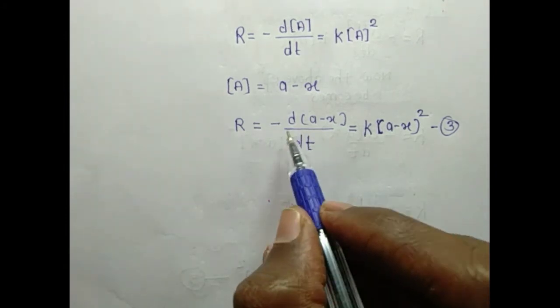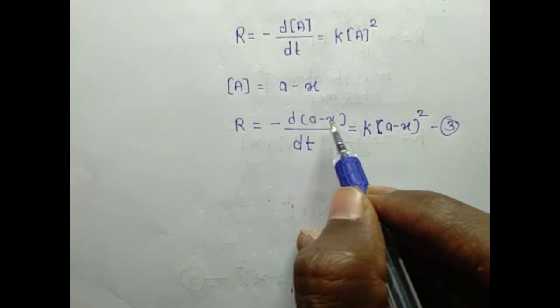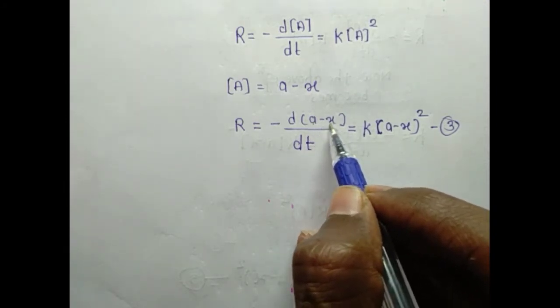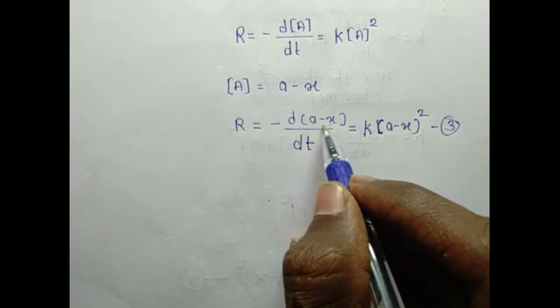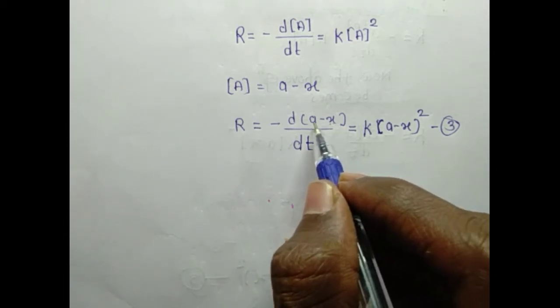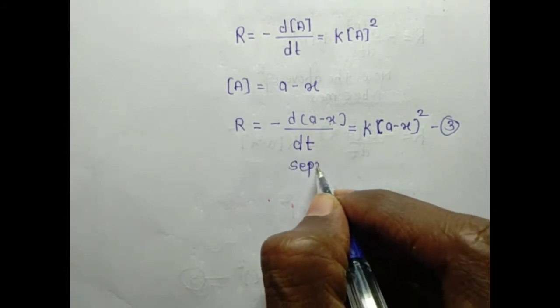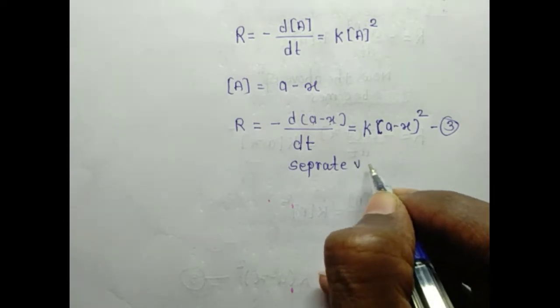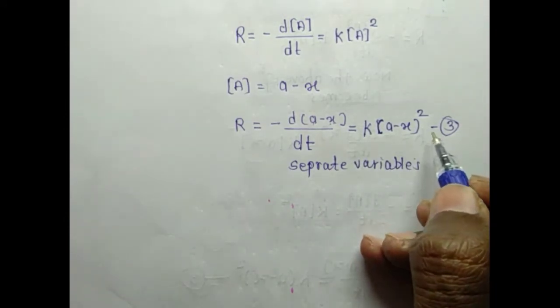Now in this equation A and X are both variables, and it is important to separate the variables. So our next step is to separate the variables of equation number 3.